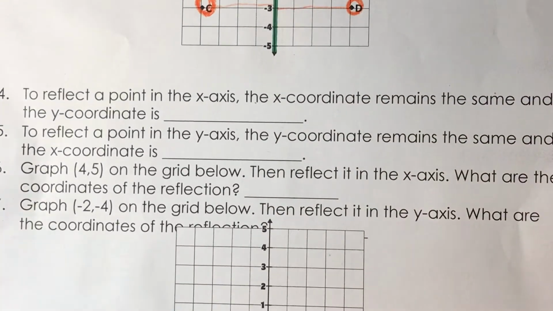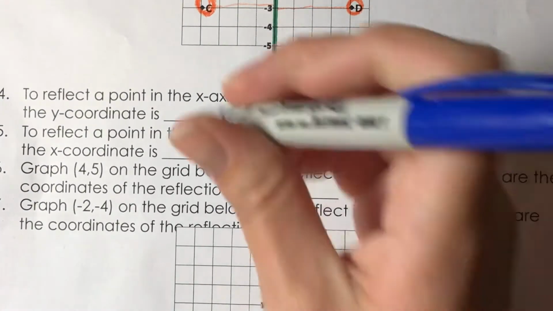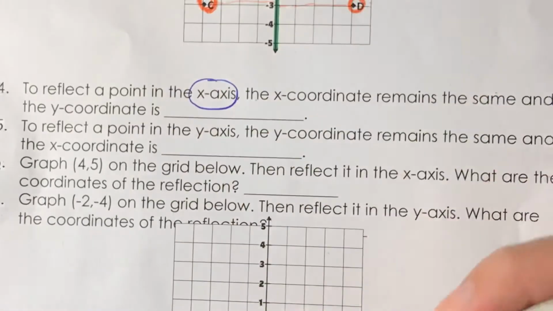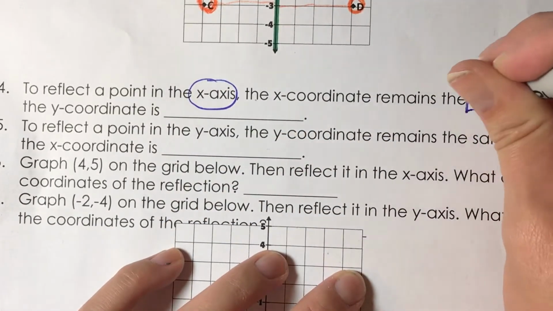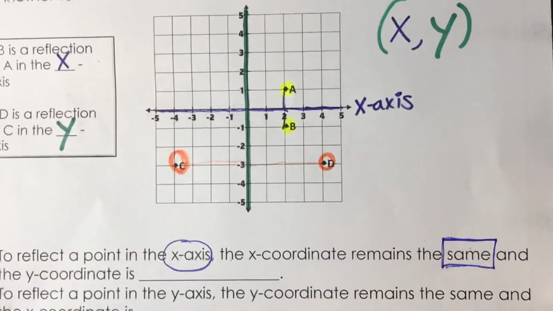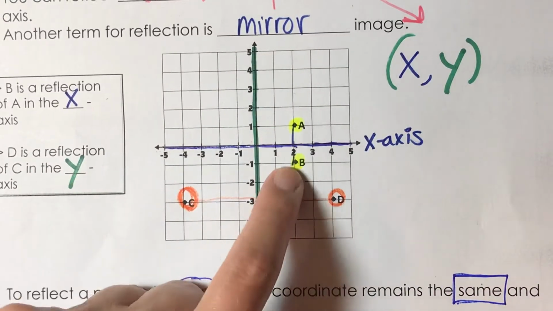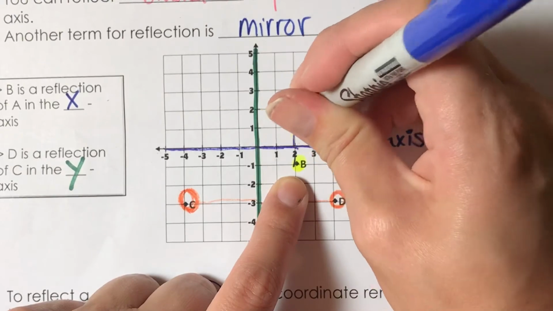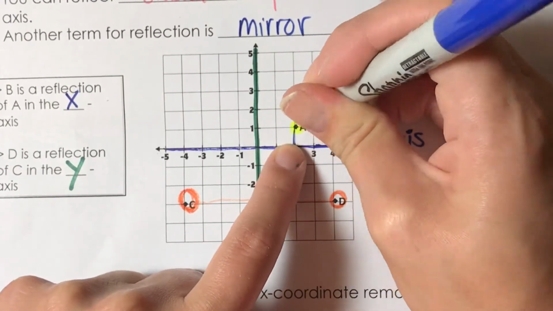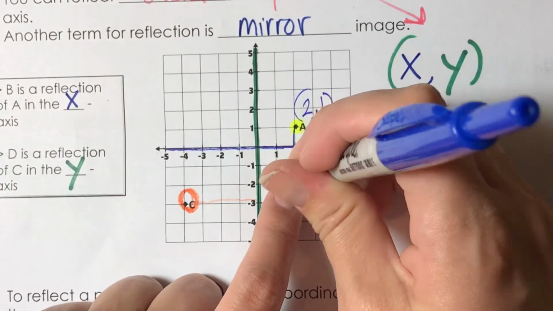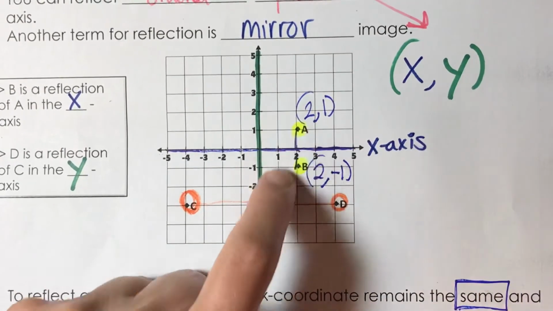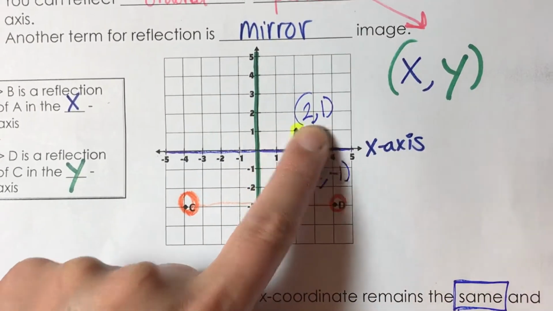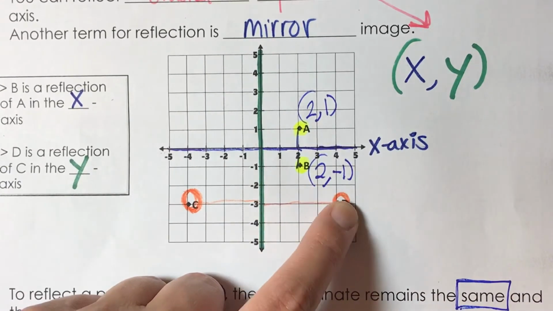To reflect a point in the x-axis, the x-coordinates remain the same. So I'm going to go back up here. A and B. A is 2, comma, it went up 1. B is 2, comma, it went down 1. So looking at these ordered pairs, I have positive 2, positive 1, and positive 2, negative 1.